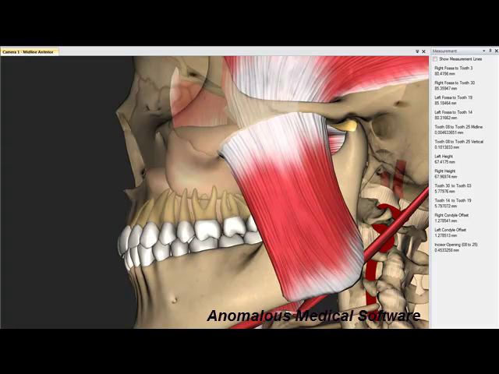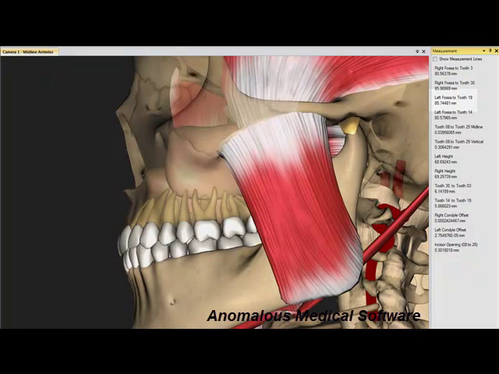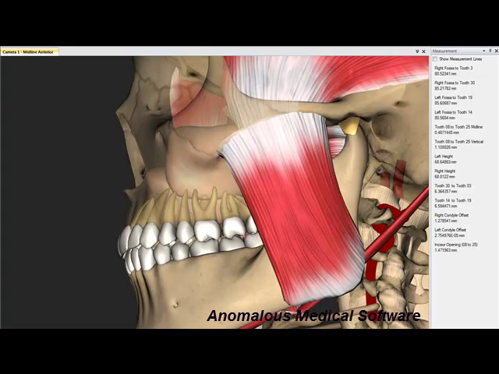I'm going to take this back to normal again, and now I'd like to draw your attention to the relationship from the tympanic fissure to the mesial contact point of the mandibular first molar. This would be left fossa to tooth number 19, and you can see here in the normal state left fossa to tooth number 19 is 85.74 millimeters, and as I distort the right temporomandibular joint disc, that number doesn't change very much.